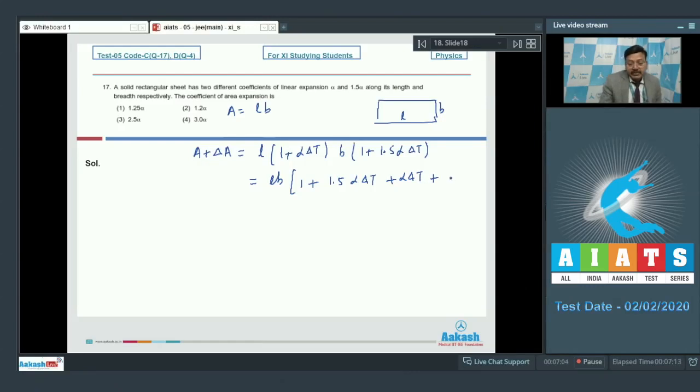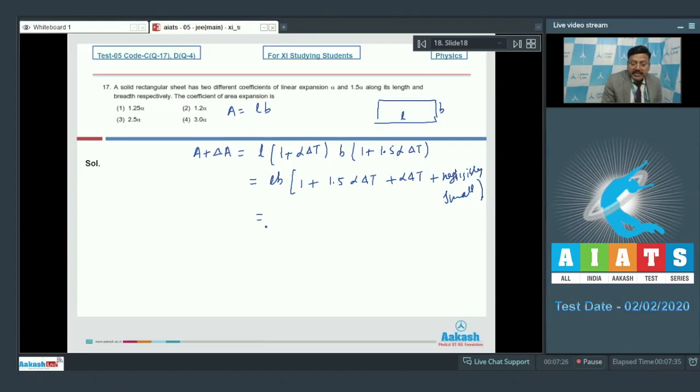Now that term we can neglect. The term having the alpha squared delta T squared will be very small, a negligibly small term.